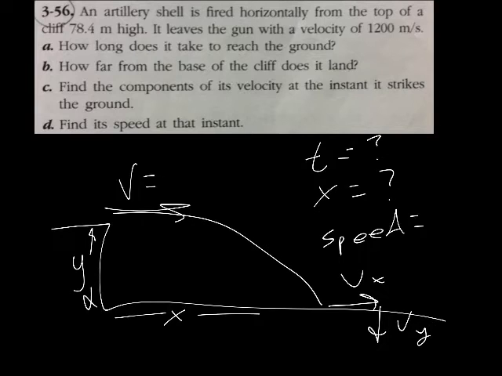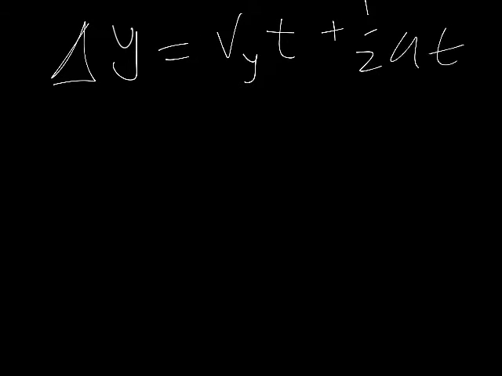So, how do I find the time? Well, we kind of did this already. For a two-dimensional motion problem, if we want to know how long it takes to reach the ground, we're using the standard kinematics equation, which is delta y is equal to vyt plus 1/2 at squared.